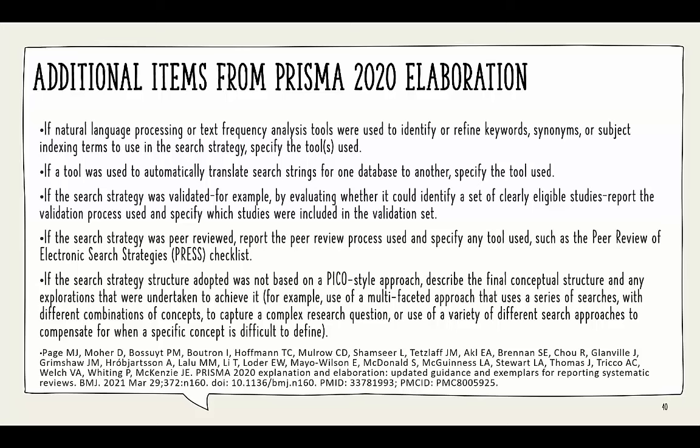That would be a case where, if you used that, you would want to report that. And then the last one on here is talking about perhaps labeling the structure within your search as to which part is the population, which part is this or that. And so I feel like this gives us a lot of details that we can use when writing up our reports.